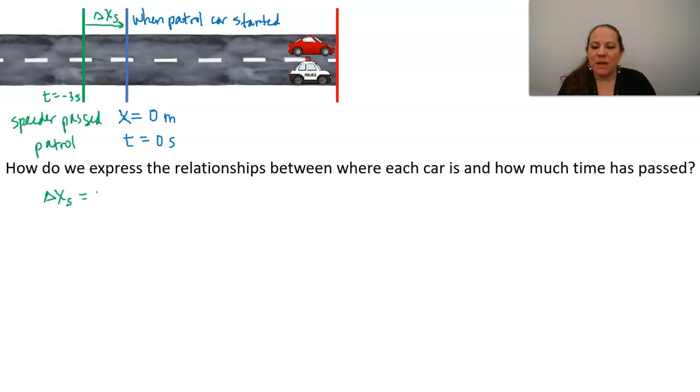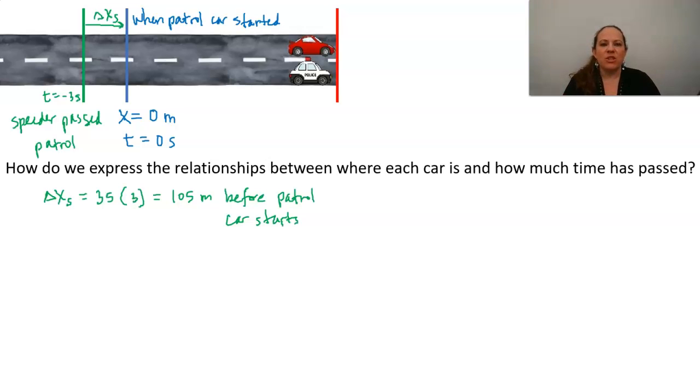So our speeder is going to have traveled for 3 seconds at 35 meters per second and gone 105 meters before the patrol car starts. So that's the speeder's position when the patrol car begins.